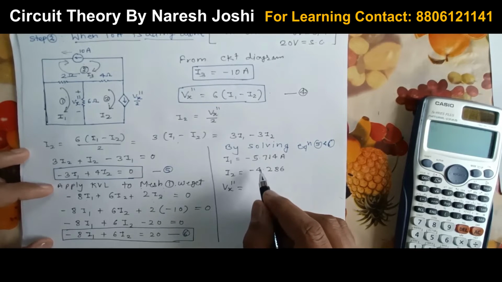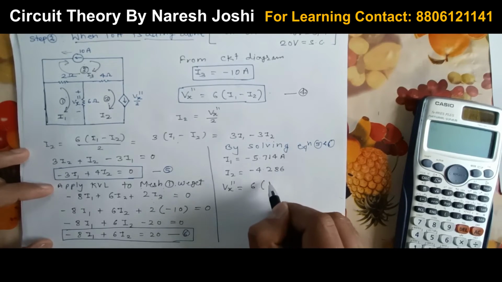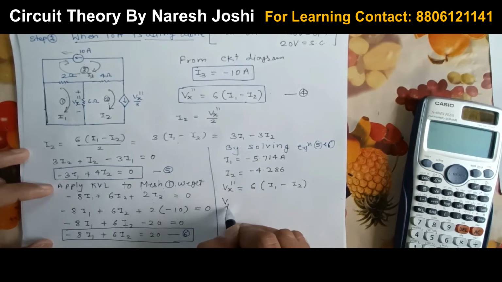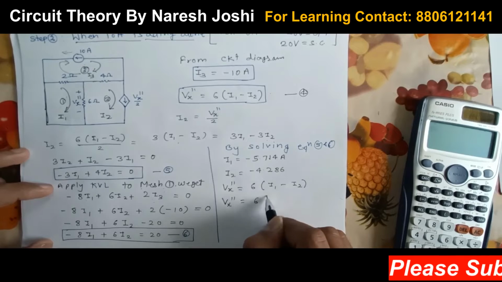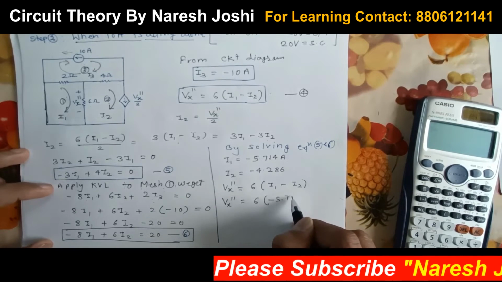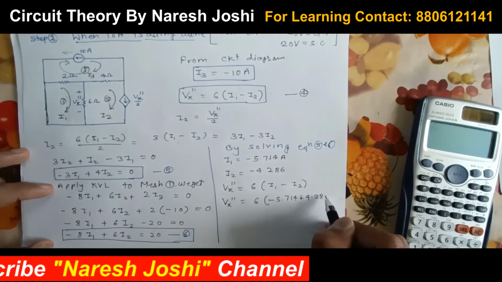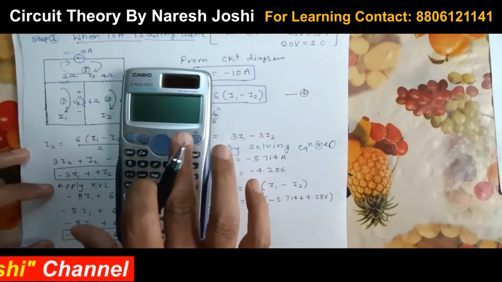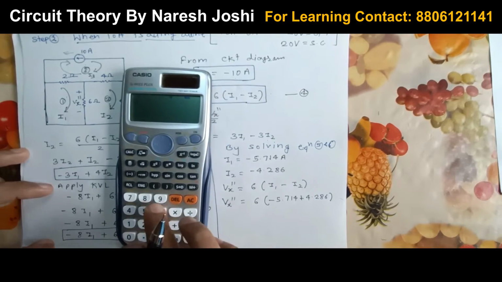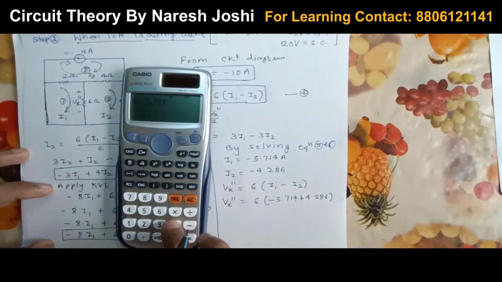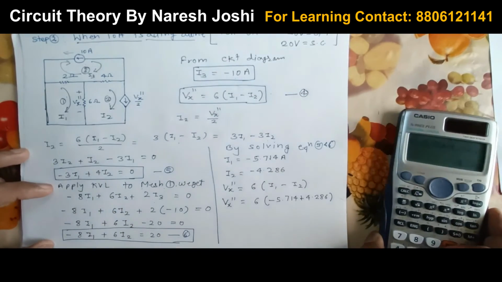Vx double dash is, as you can see, 6 times (I1 minus I2). So Vx double dash equals 6 times (minus 5.714 plus 4.286), and this gives minus 8.568.